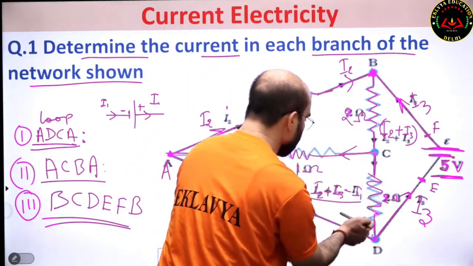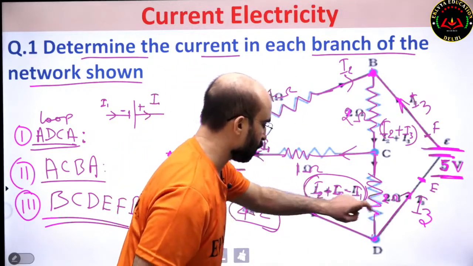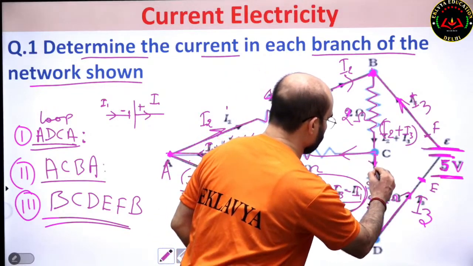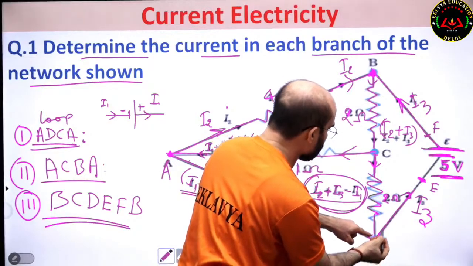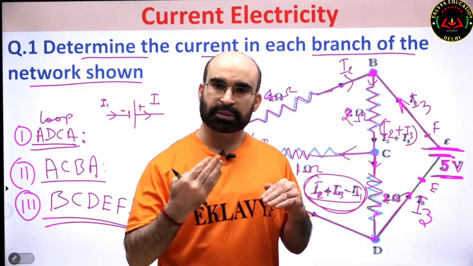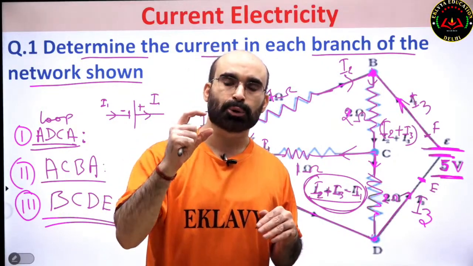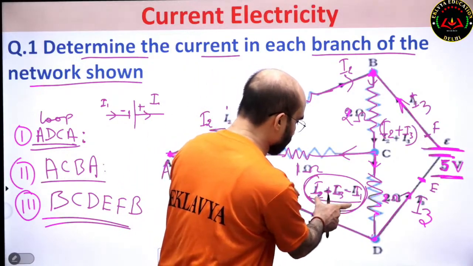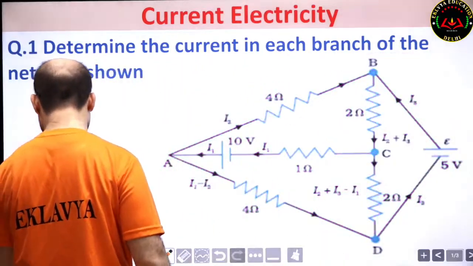From D to C, this is the amount of current, and this is the resistor. This is the direction of current, and we are traversing from D to C, opposite to the direction of current. While traversing opposite to the direction of current, we need to take the potential difference to be positive IR. So what is the current here? Net current is I2 plus I3 minus I1, into 2.